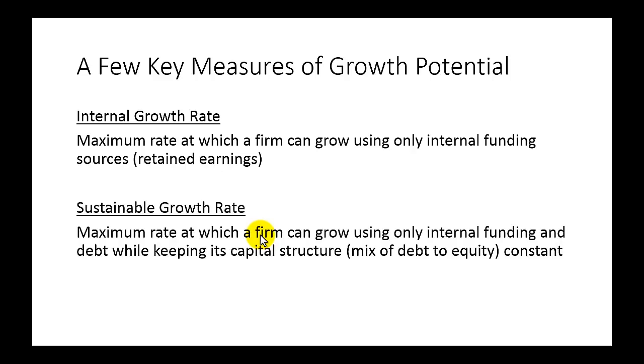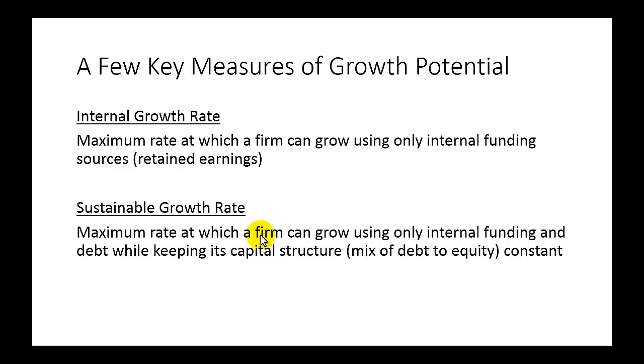The second metric is called the sustainable growth rate. It's slightly different. This is the maximum rate at which a firm can grow using only internal funding and debt while keeping its capital structure constant. And capital structure is the mix of debt to equity. So the sustainable growth rate tells you how fast you could grow if you use your retained earnings and debt and you're trying to keep your capital structure the same.